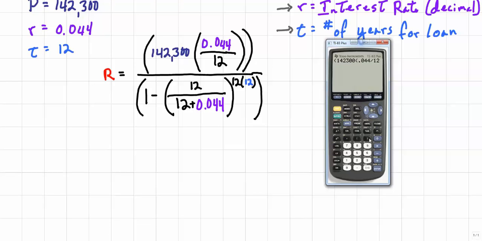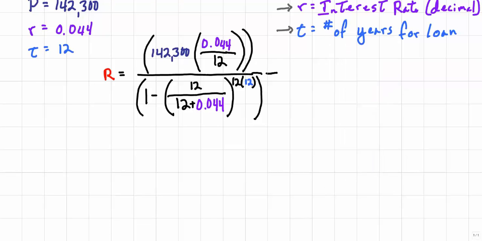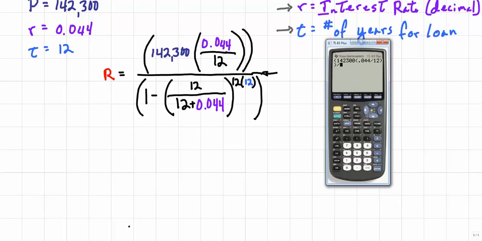I will close parentheses not once but twice. Type in divide. Now that divide right here is this division symbol, or the fraction bar. Then we're going to open another set of parentheses, and that's going to be this outside parentheses. And then we will type in 1 minus, open parentheses again. We'll do 12 divided by.